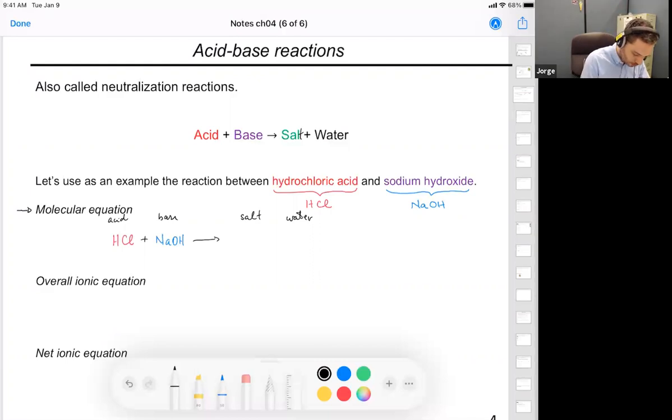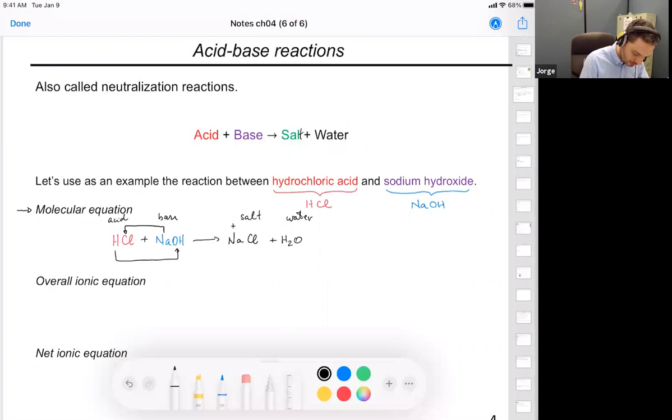So what's going to happen here is the hydrogen will combine with the OH part of the base, and that's going to produce HOH, which is water, and the sodium is going to combine with the chlorine, producing NaCl, which is a salt.